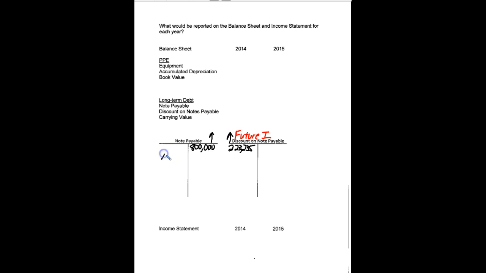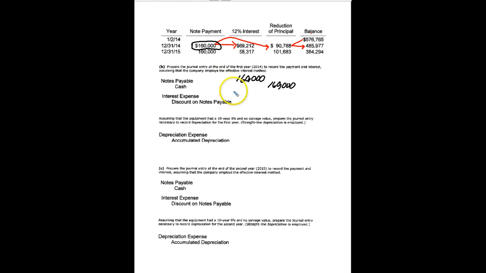So the note payable, I'm going to post that debit of $160,000, and that will leave us a balance of $640. So the note payable represents all those future cash flows. All the future cash payments are in this note payable. This does not really represent the true principal of the note. It represents those future cash payments, just because of the way it's set up.